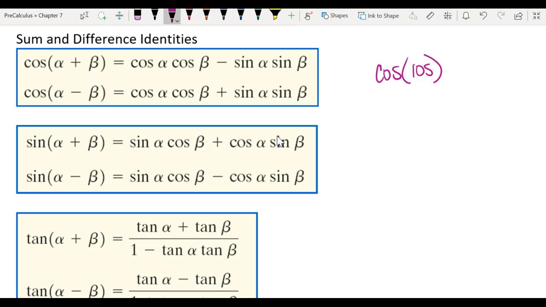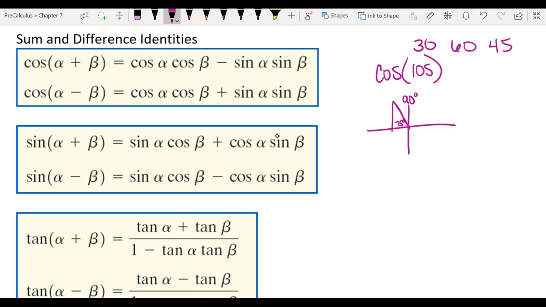If you think of 105, this is 90, right? 105 is here, so this is a 75-degree angle here. Do we know the cosine of a 75-degree angle? No. Okay? So what you have to think of today is, if I have the number 105, how can I make that into a 30, 60, 45?